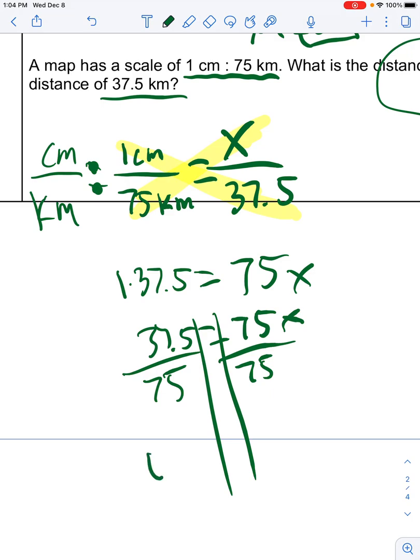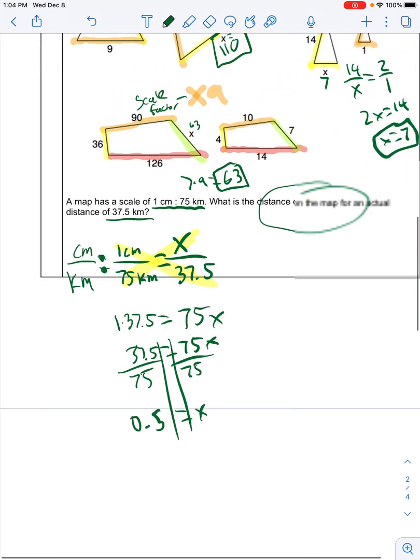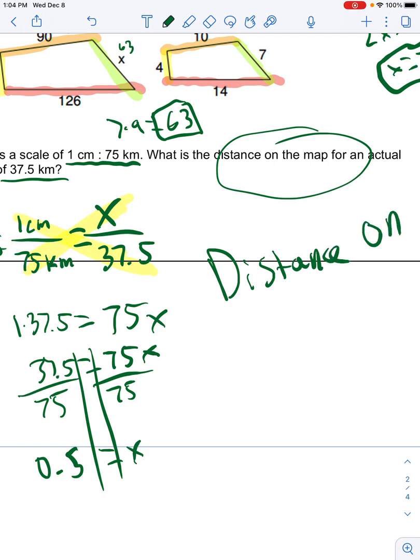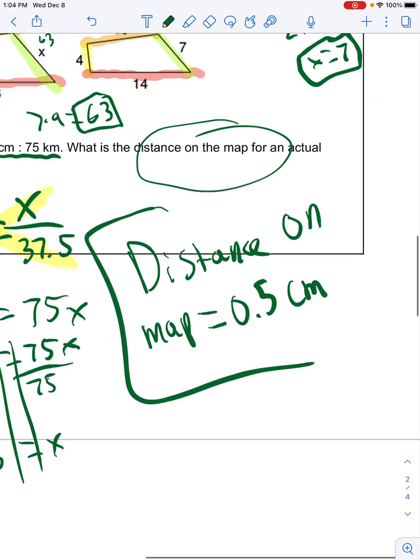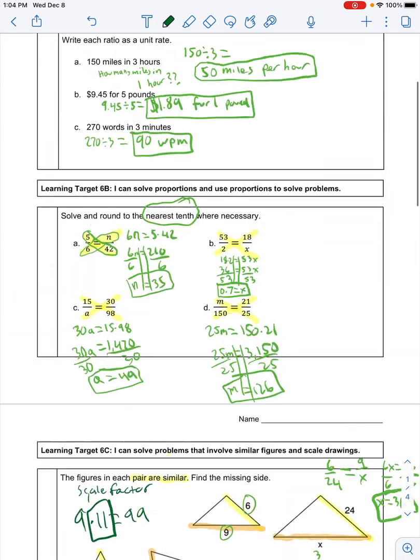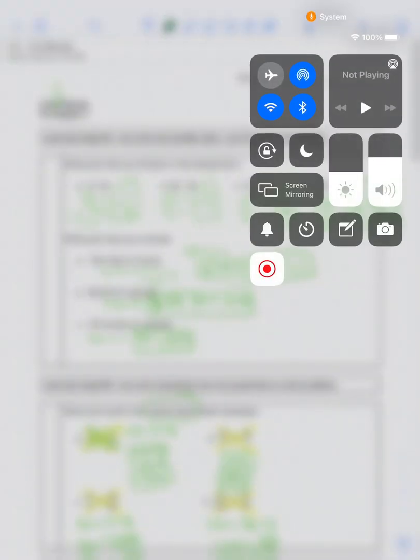And I'm guessing that that is going to equal 0.5 equals x. So what is the distance on the map? Distance on map equals 0.5 centimeters. There you have it.